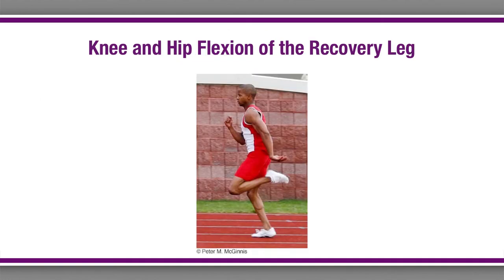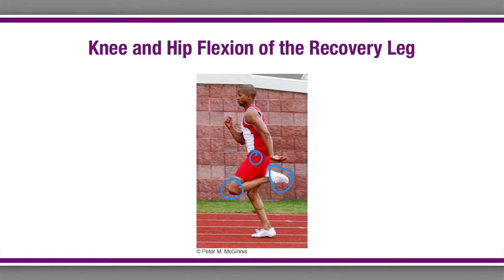So with this knee and hip flexion of the recovery leg of the runner, the more that this knee is flexed, right, this is going to reduce the moment of inertia about the knee, thereby making the hip then flex, reducing the moment of inertia about that joint, and by and large you will be able to achieve ground contact with this foot much quicker again.